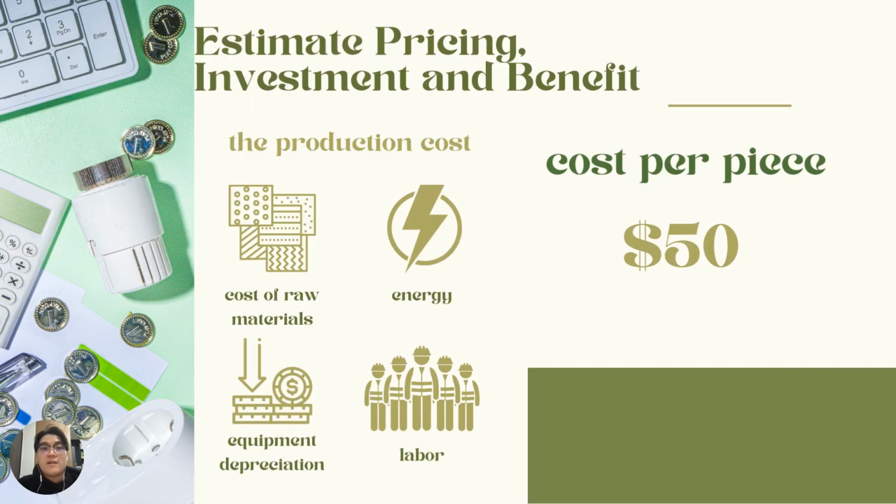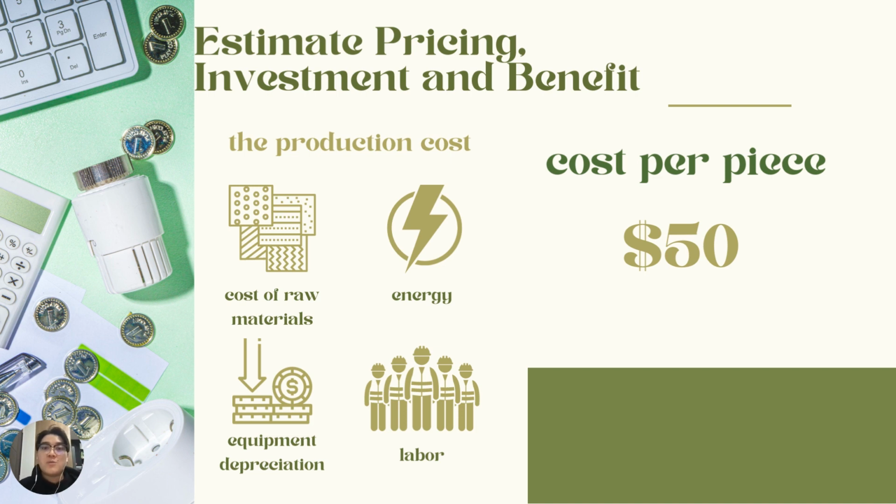And next, we have estimated pricing, investment and benefit. If we can use outsourced components, we can neglect the machine, so we will calculate only the production cost. We have the cost of raw material, energy, equipment depreciation, and labor.